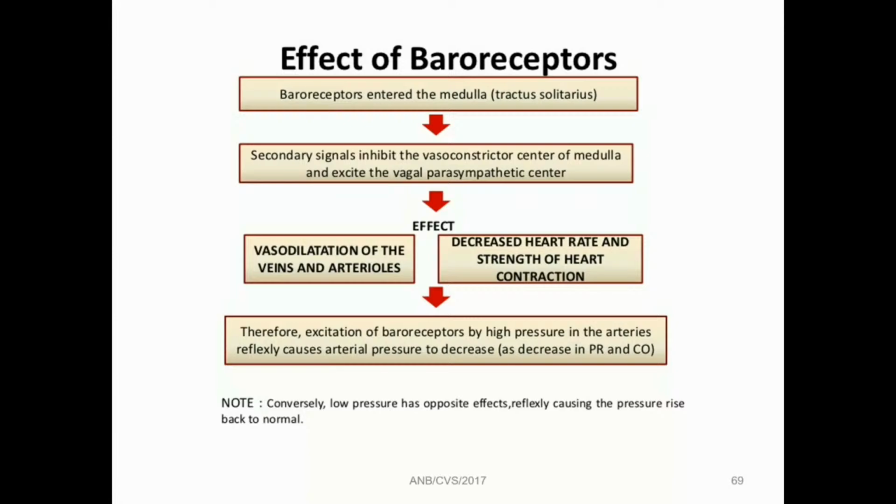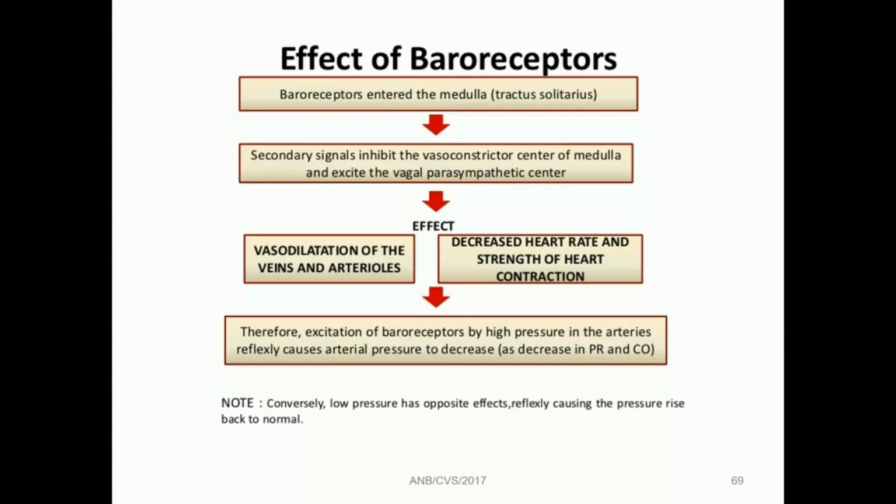What is the effect? Stimulation of the vagus nerve or parasympathetic nerve fibers causes vasodilation of the veins and arterioles. It causes decreased heart rate and strength of heart contraction. These changes occurring after the increase in blood pressure will bring the blood pressure down to normal.